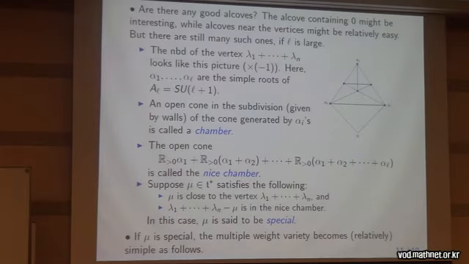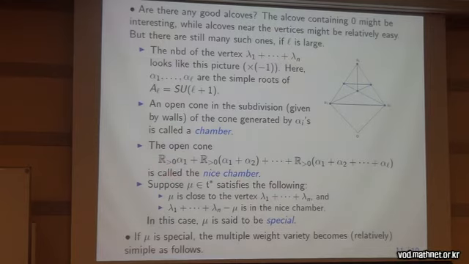The chamber here means the cone of this region or of this region, summing up to 7 chambers in type A_3. Among them, the open cone written in this form is called the nice chamber.